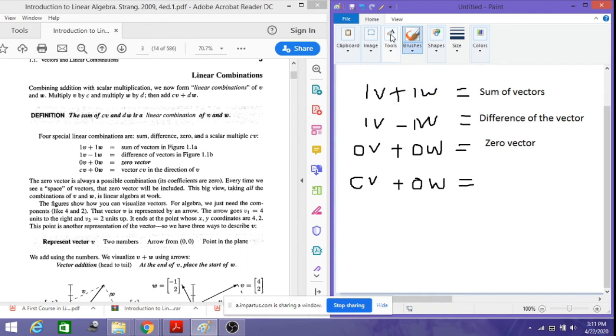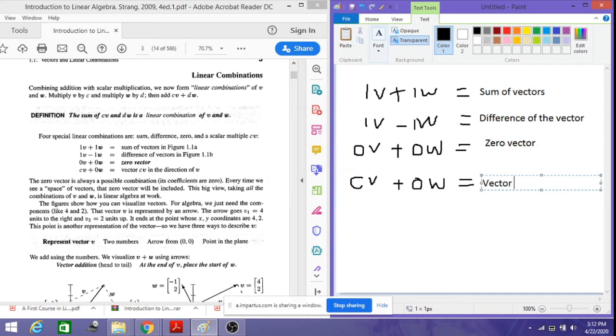So this we call the vector cv in the direction of v. It means it will escalate in the same direction.